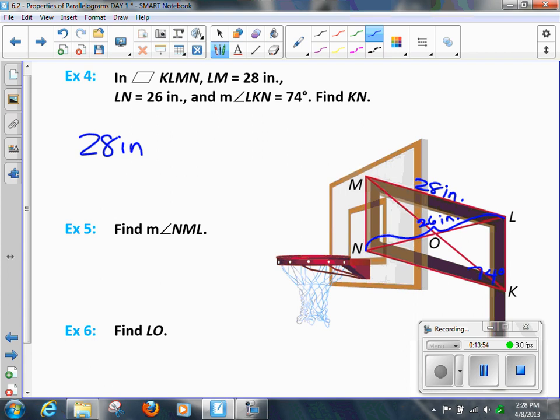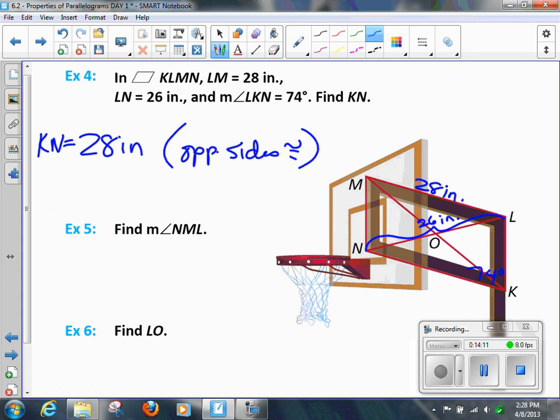Why? Opposite sides are congruent. Do you have that written down? Because if you don't, it's not complete.